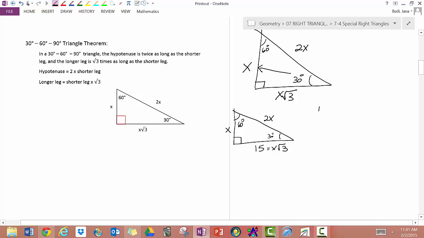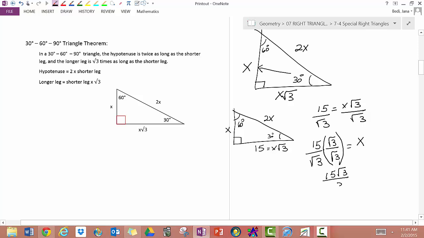So I set 15 equal to x root 3, divide both sides by root 3, and you get 15 over root 3 equals x. We need to get rid of that radical in the denominator, so multiply both numerator and denominator by root 3 over root 3. Then you get 15 root 3 over 3 equals x.